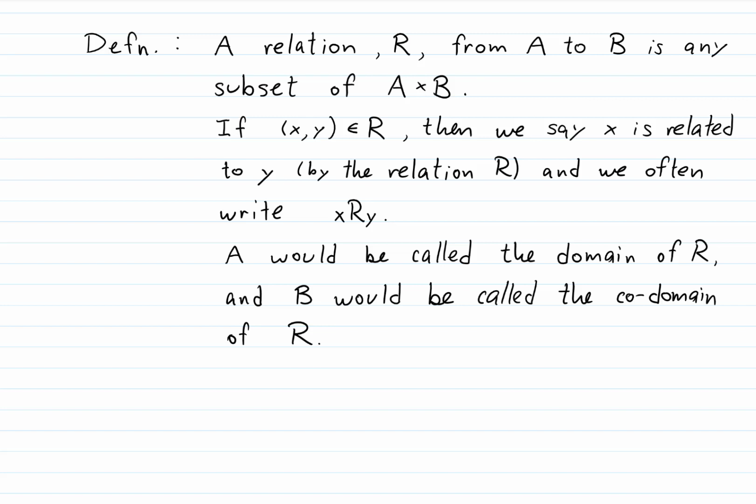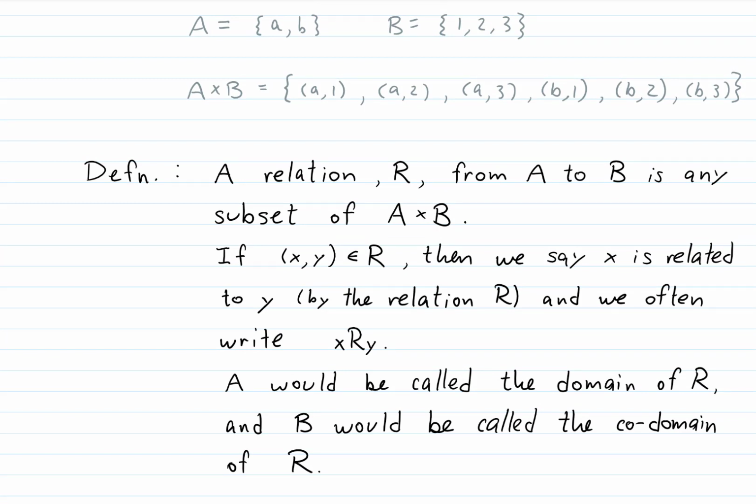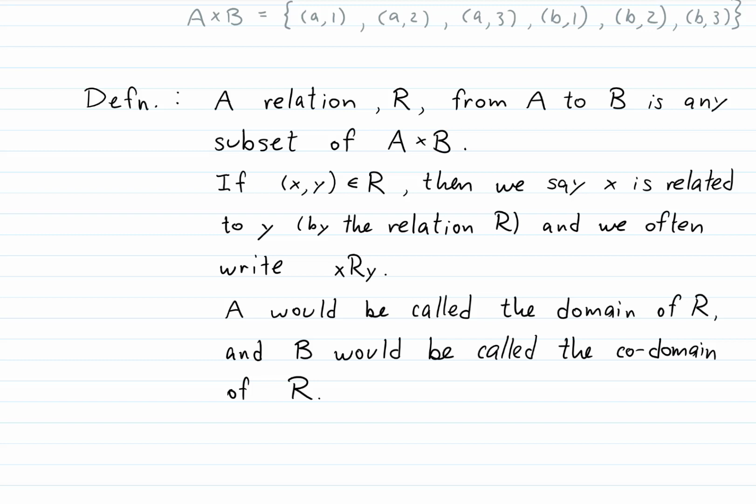So let's just look back at the example of A and B that we put up here. Okay, and there I have the Cartesian product of A and B. It's the set consisting of those 6 ordered pairs. So I could take any subset of that I wish. Okay, so let's just take this subset of A cross B. How about we'll include the ordered pair A2 and the ordered pair B1 and the ordered pair B3.